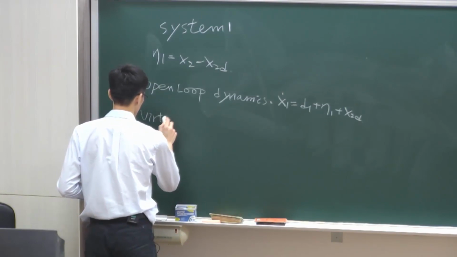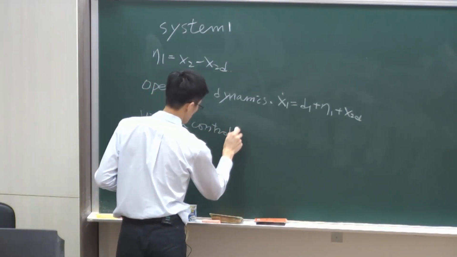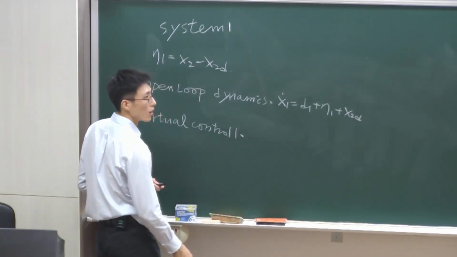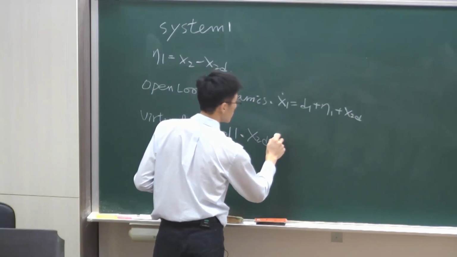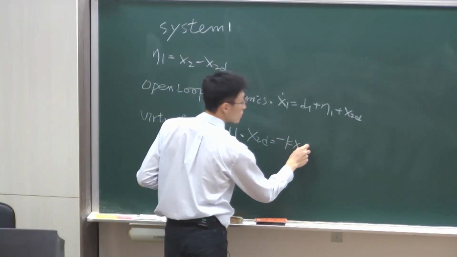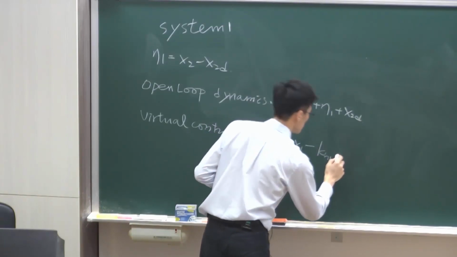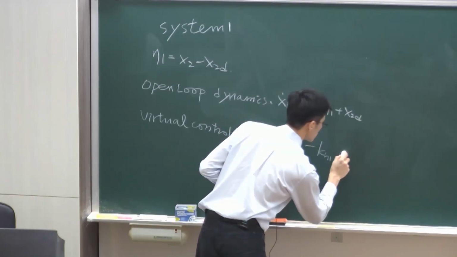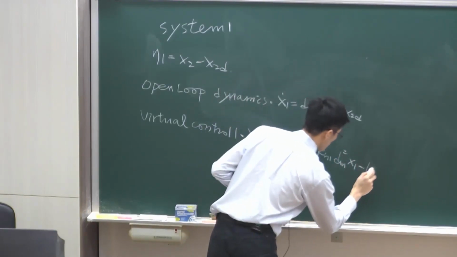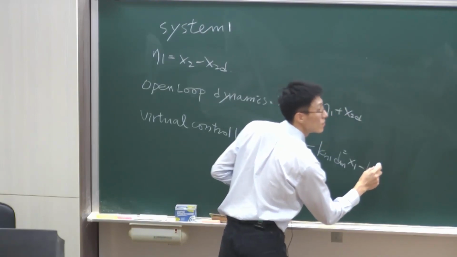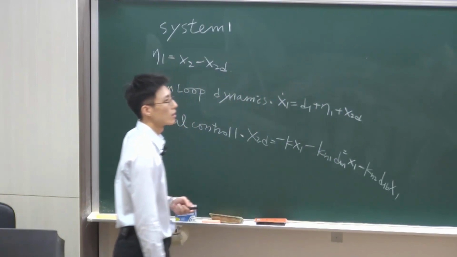Virtual control 1: x2d equals minus k1 x1 minus kn1 d1n squared x1 minus kn2 d1b x1. Okay.